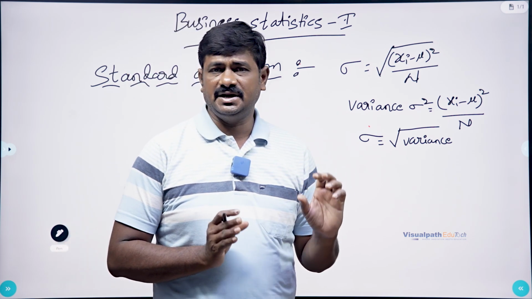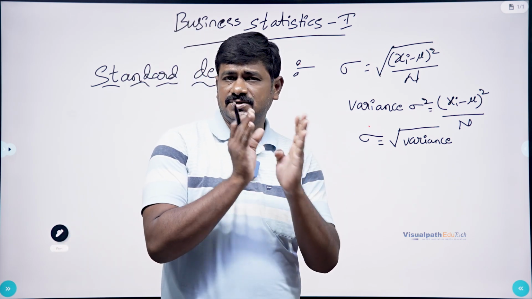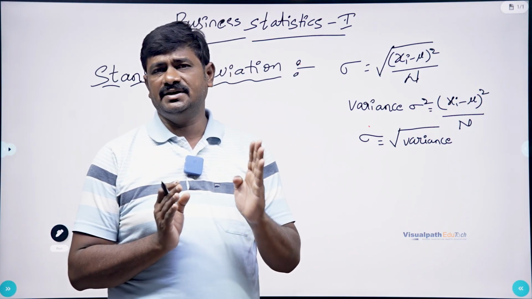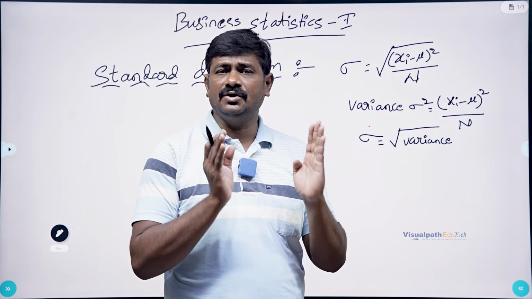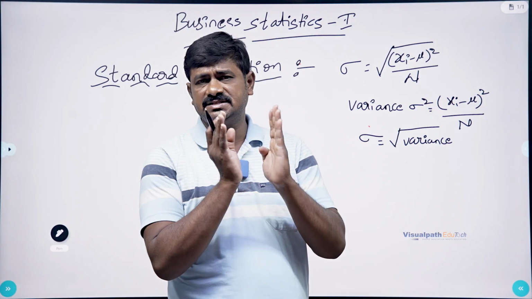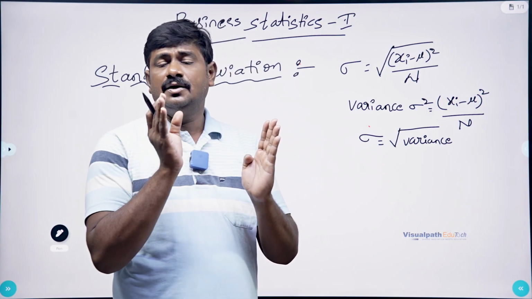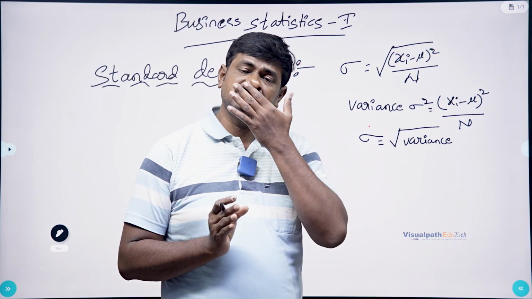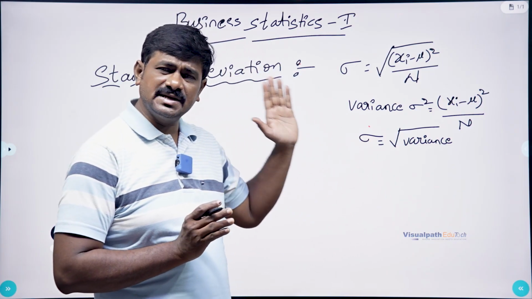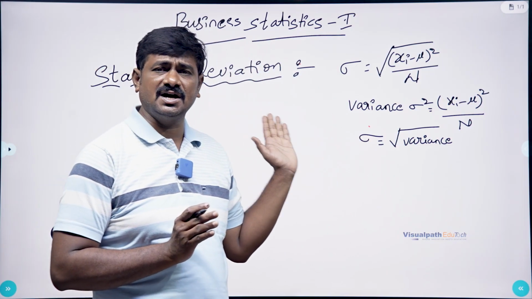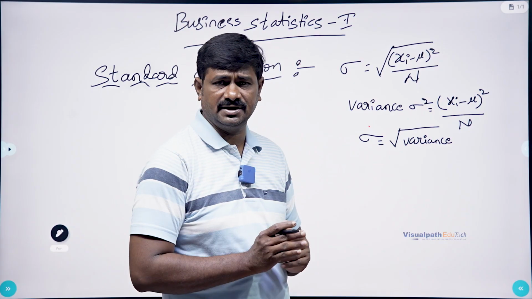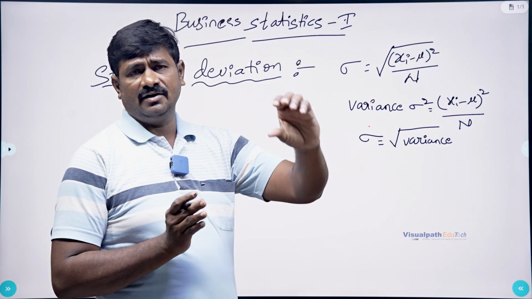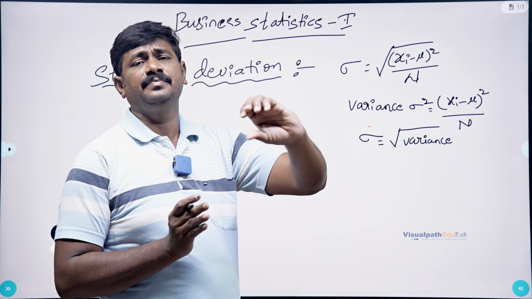Standard deviation is also similar to mean deviation. In mean deviation, we calculated the variation between the items and the mean. Similarly, in standard deviation we discuss the deviation of the observations from the mean.